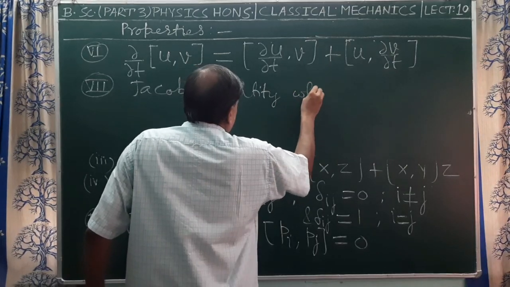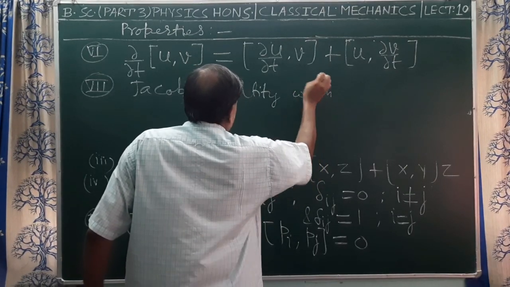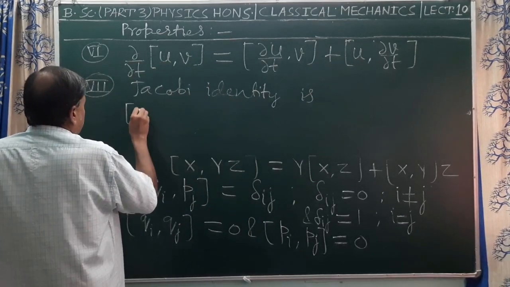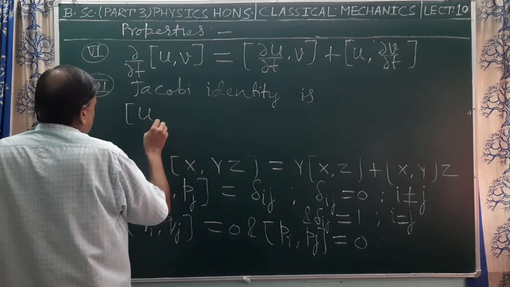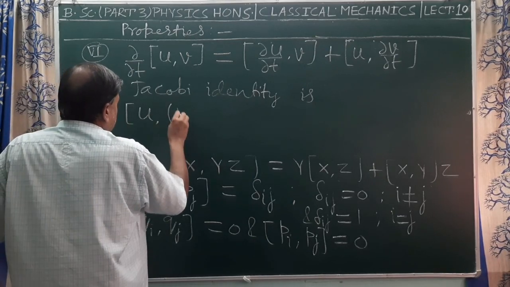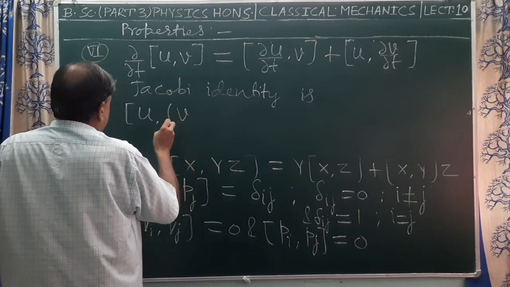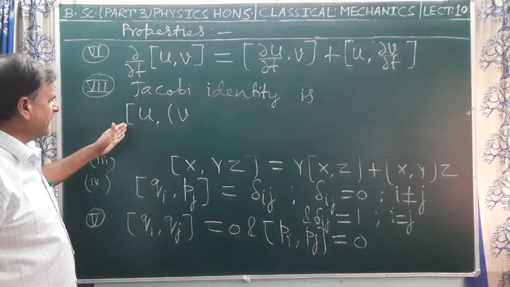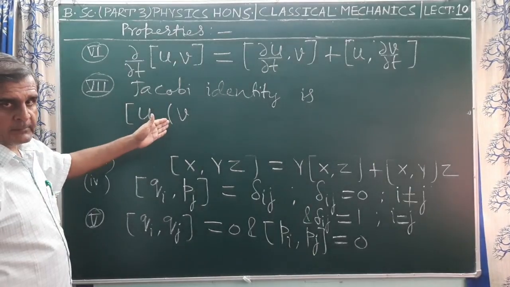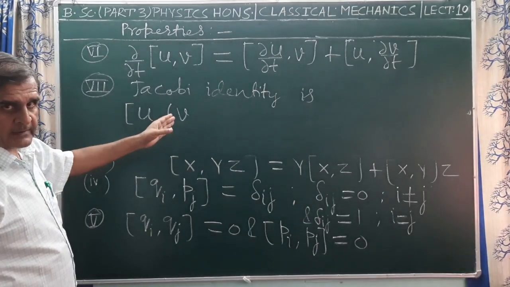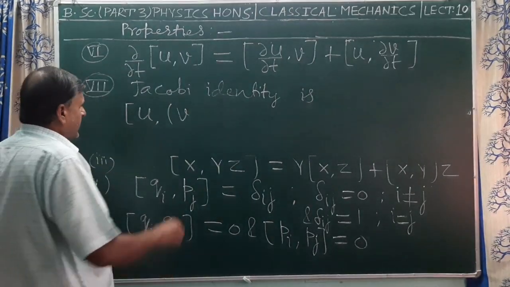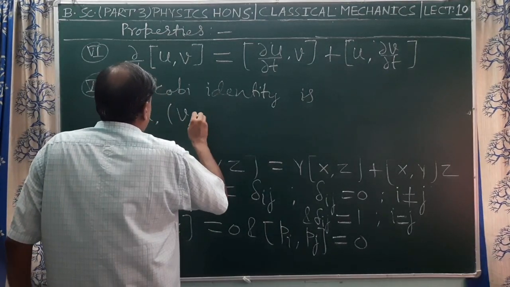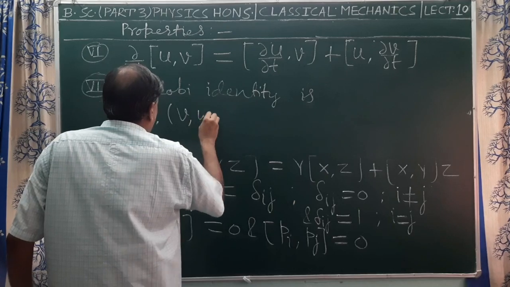which is, under the big square bracket, the first term is u, and under the bracket we take another bracket, not a square bracket but a simple bracket, v comma w.